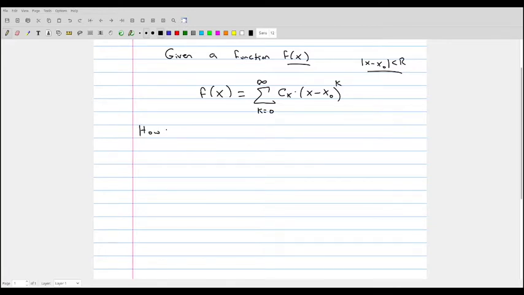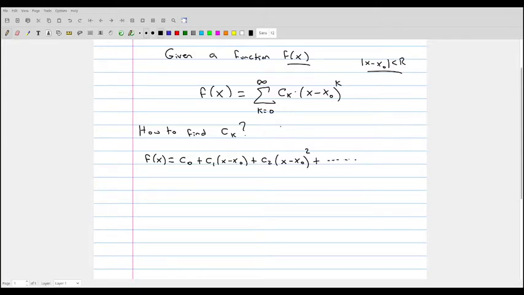So how to do this? The idea is we do this in the following manner. If f of x is c naught plus c1 times x minus x naught plus c2 times x minus x naught squared, and so on and so forth.